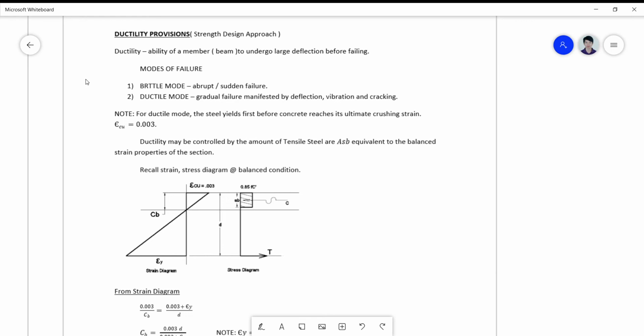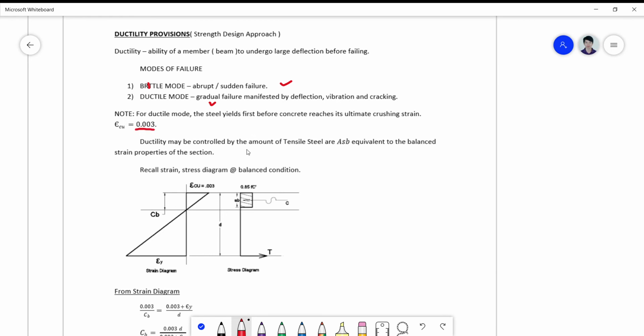Ductility is the ability of a member to undergo large deflection before failing. The modes of failure for a beam are the brittle mode, which is sudden and abrupt, and the ductile mode, which is gradual. For a ductile mode, the steel yields first before concrete reaches its ultimate crushing strain of 0.003.